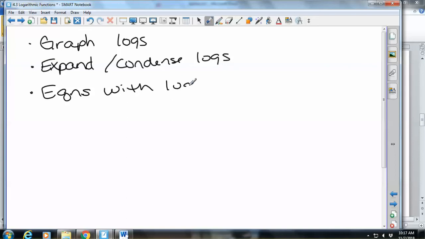So if I gave you something like log base 5 of x plus 3 equals 2, how would you solve that?